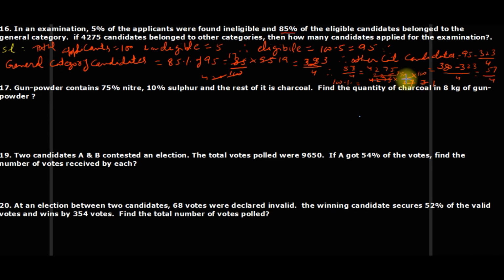So this will become 74 multiplied by 4 multiplied by 100. Our answer would be 74 4s are 300. Our answer would be 30,000.